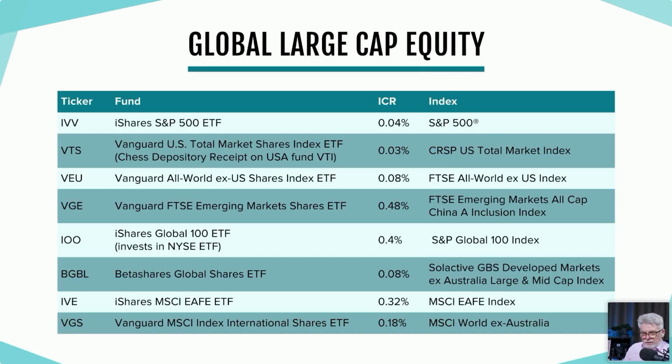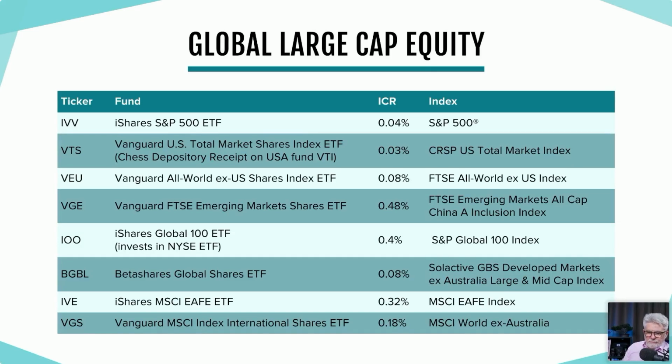When you move beyond the US, we like to look at VEU. Now, oddly, that's also one of the funds that owns Vanguard, but nonetheless, it's the world excluding the US, and it includes some emerging markets.